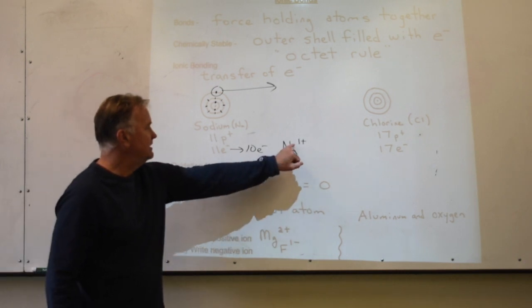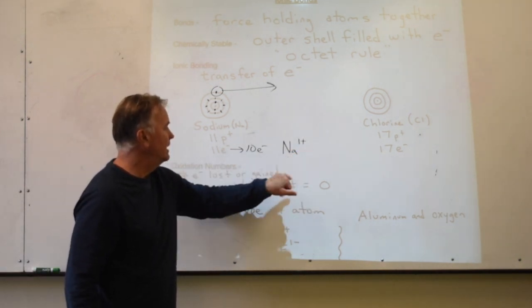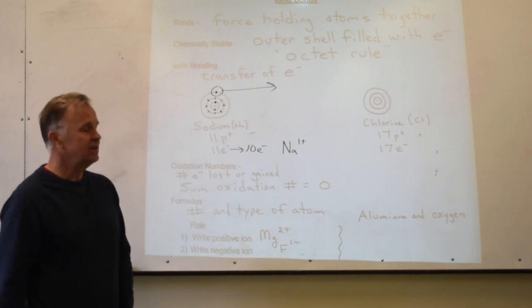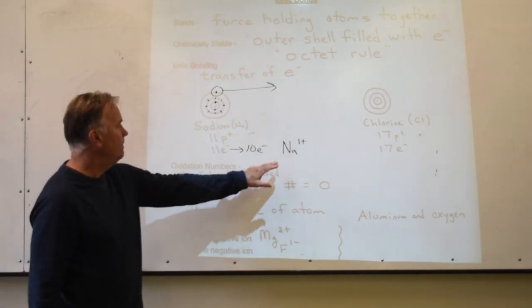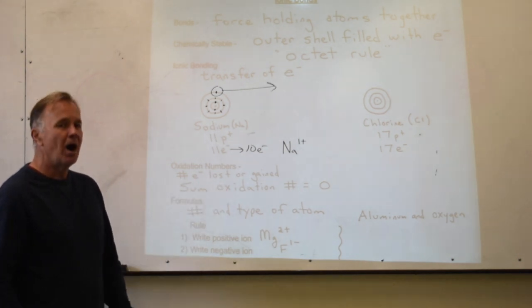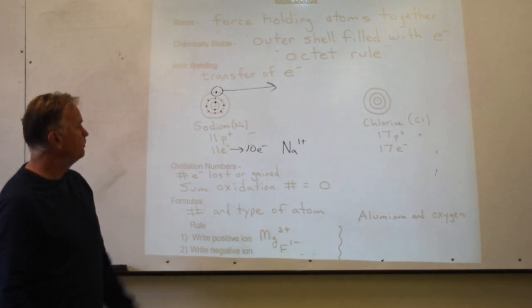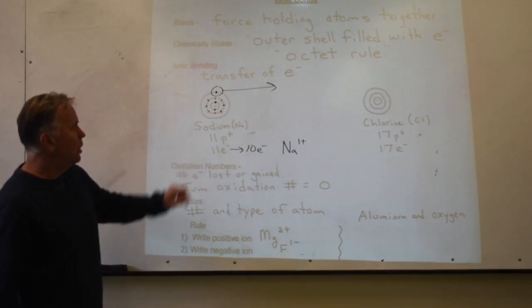They call that the oxidation number or its charge. So sodium would be a positively charged ion. Generally all metals will form positive ions because they have extra electrons and they just try to get rid of them. So that's sodium.